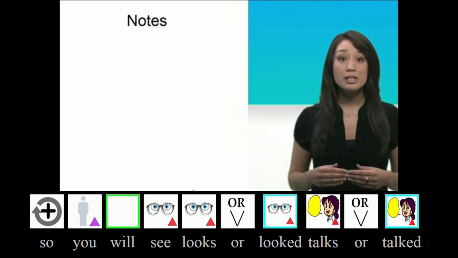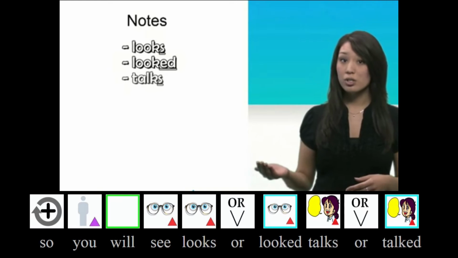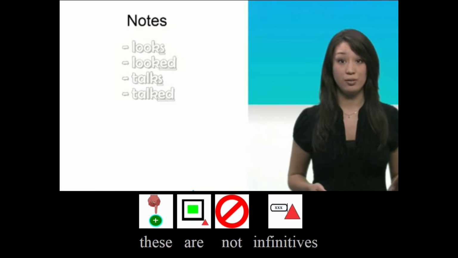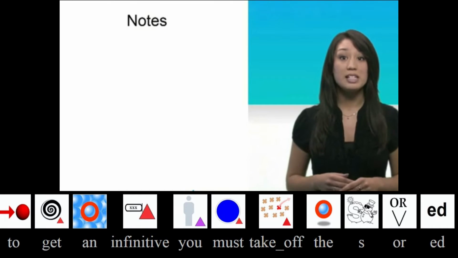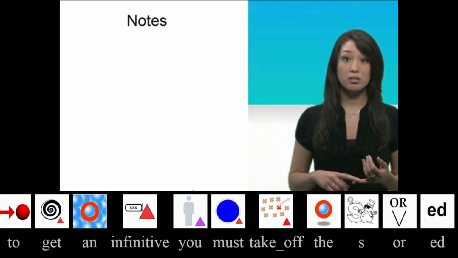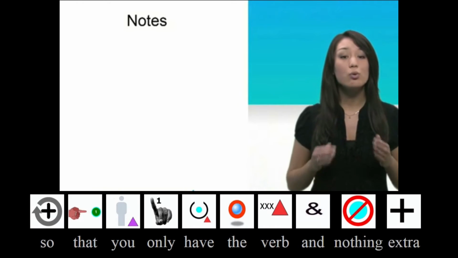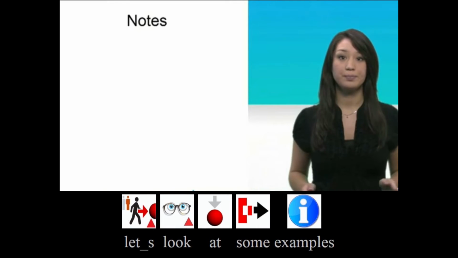So you will see looks or looked, talks or talked. These are not infinitives. To get an infinitive, you must take off the s, ed, or any other ending so that you only have the verb and nothing extra.